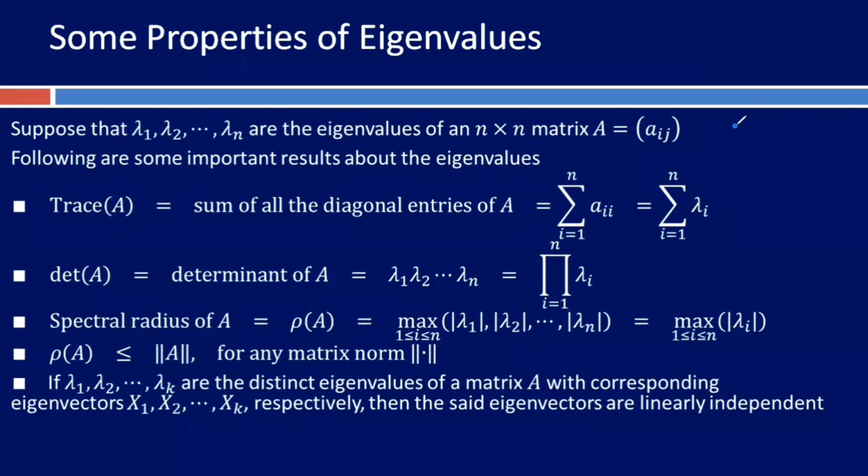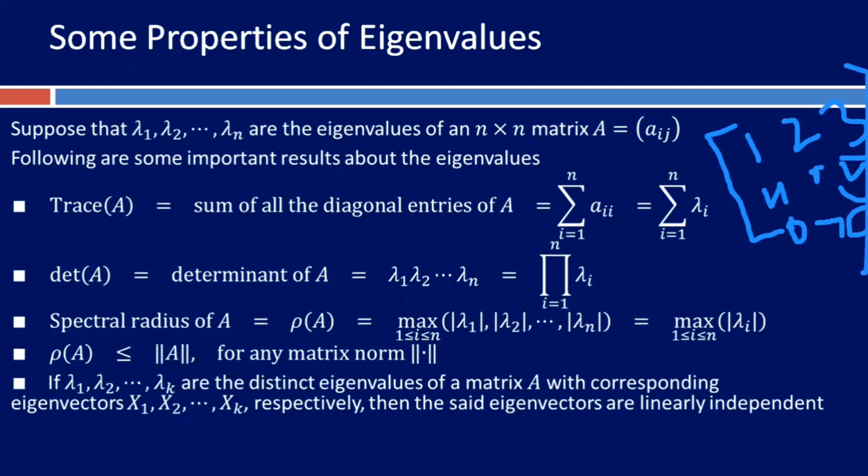For example, you have the matrix 1, 2, 3, 4, 0, 5, and 6, 7, 0. When you have to determine its determinant, you have to apply proper rules.